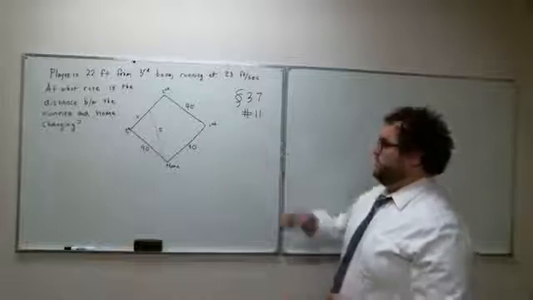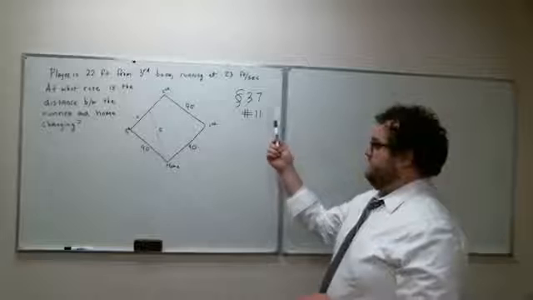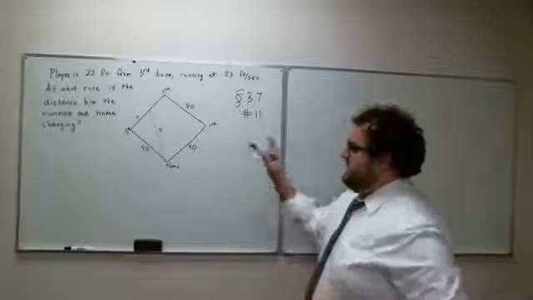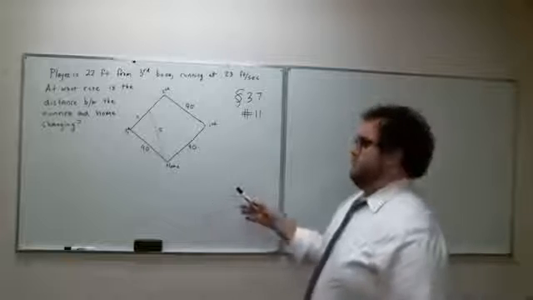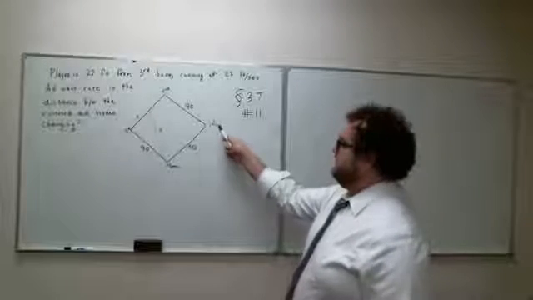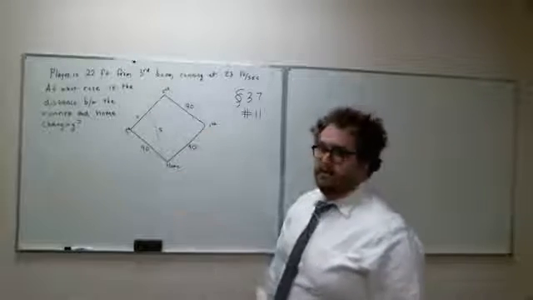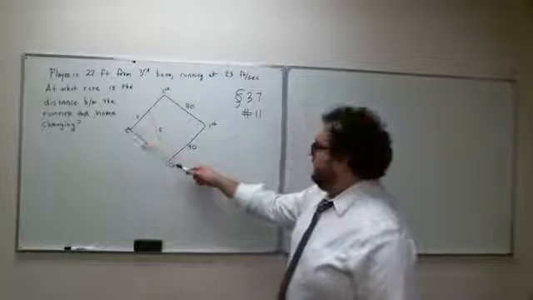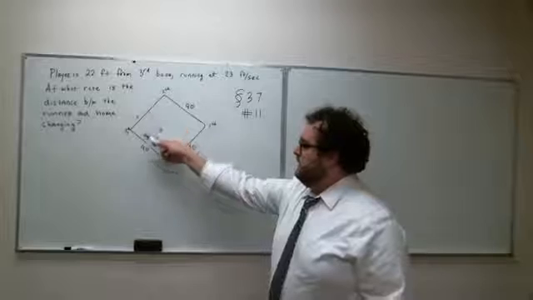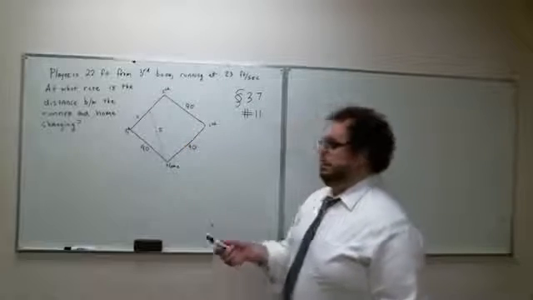So this is just a quick question, number 11 in 3.7. The setup is this. We have a square baseball diamond: home plate, first base, second base, third base. The sides here are 90 feet each.